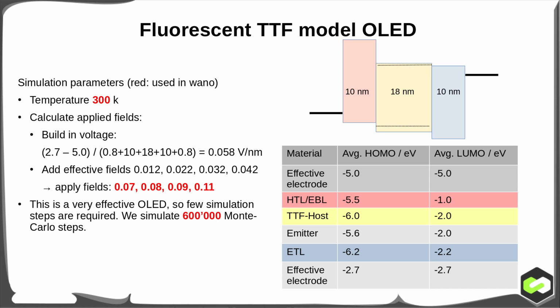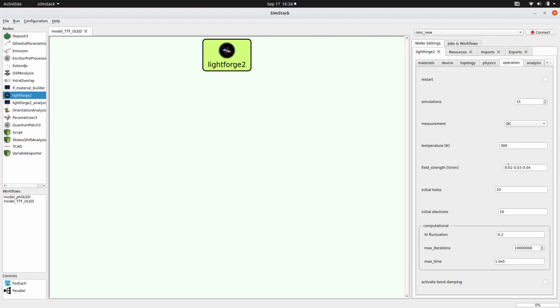So we can calculate the final fields which we want to apply, which are 0.07, 0.08, 0.09, and 0.11 volt per nanometer. Since we have no electrodes attached, we set both initial electrons and initial holes to 0.